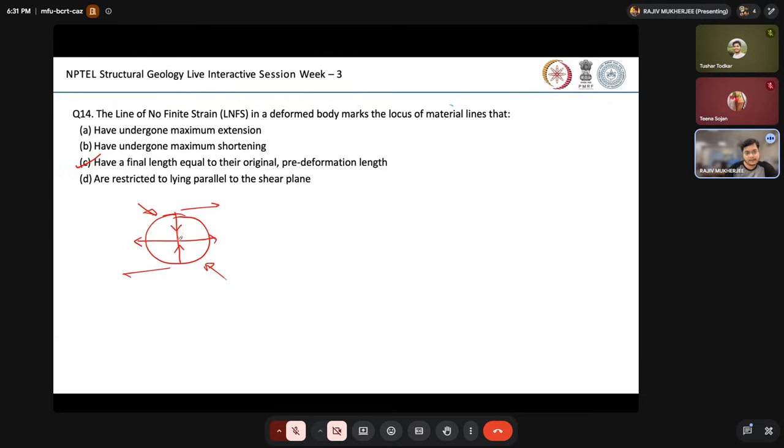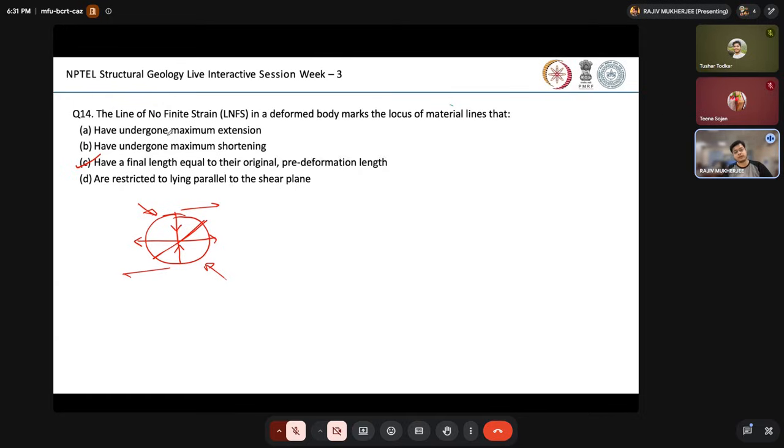So between compaction and stretching, or shortening and stretching, there has to be an orientation where there will be neither shortening nor stretching. That orientation is known as the line of no finite strain.